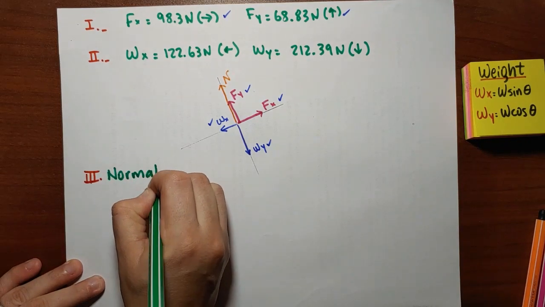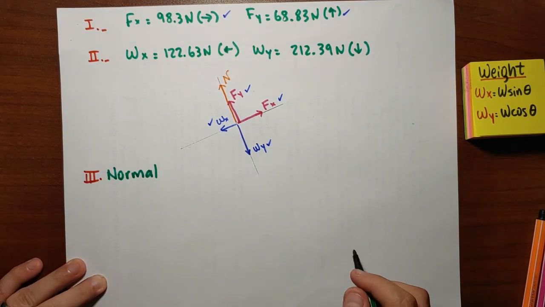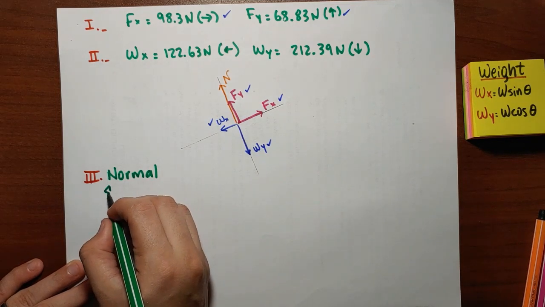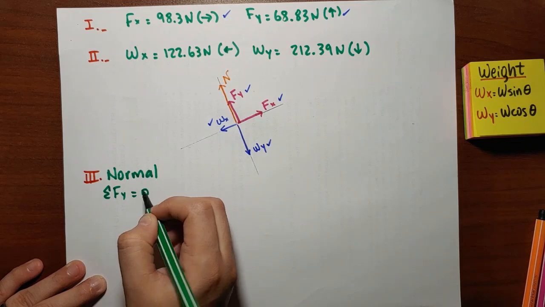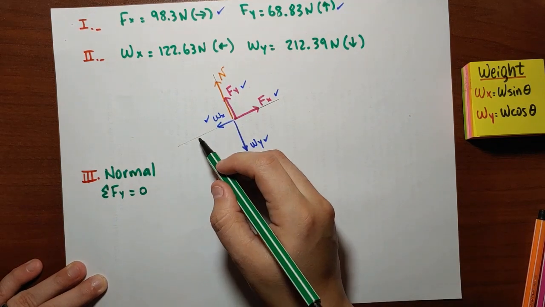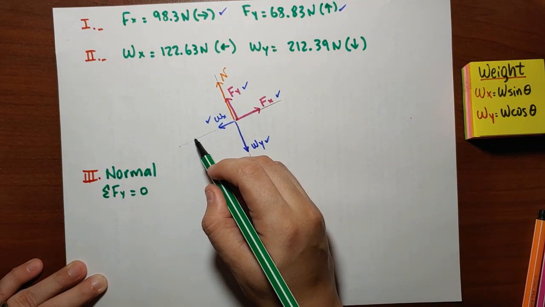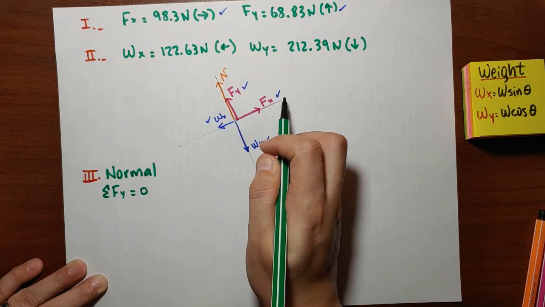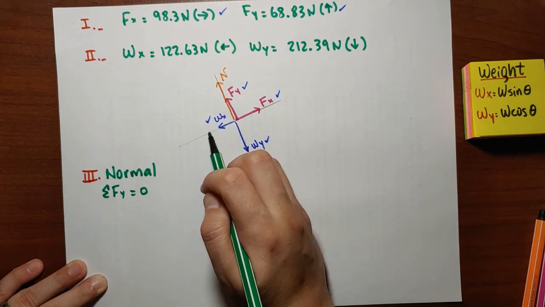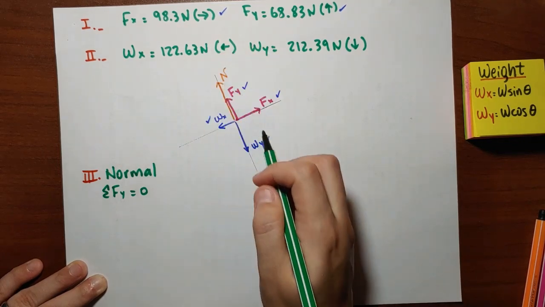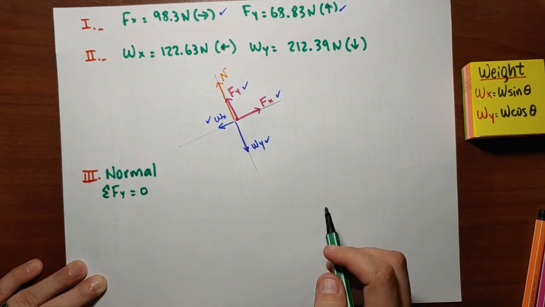In order to get the normal, I need to add the forces in the y-axis. So we say the sum of the forces in y equals 0. Why 0? Because the object is moving only over the surface. It's not jumping. It's not moving vertically.